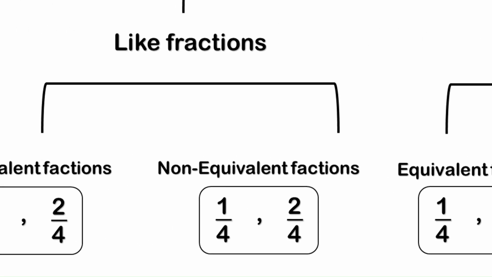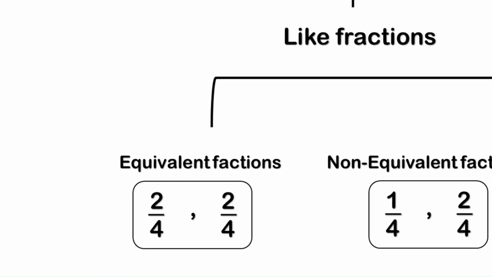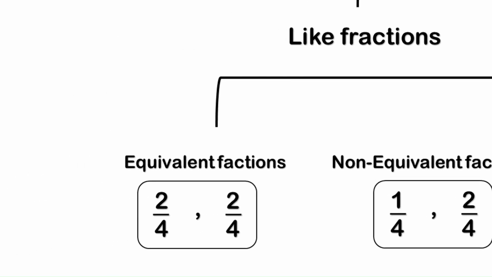Now look at this set of two fractions. The denominators for both are 4, so we know they are like fractions. However, they represent different amounts, which means they are non-equivalent. Now for our last example. In this set, the denominators are the same, so they are like fractions, but are they equivalent as well?